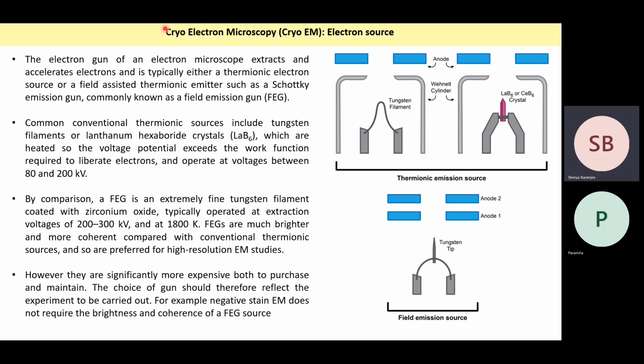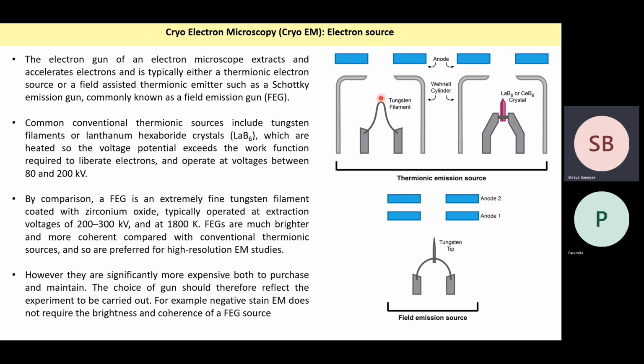Now we will look at the electron source of cryo-electron microscopy. The electron gun of an electron microscope extracts and accelerates electrons and can be either a thermionic emission or a field-assisted thermionic emission, such as the Schottky emission gun, known as the field emission gun.